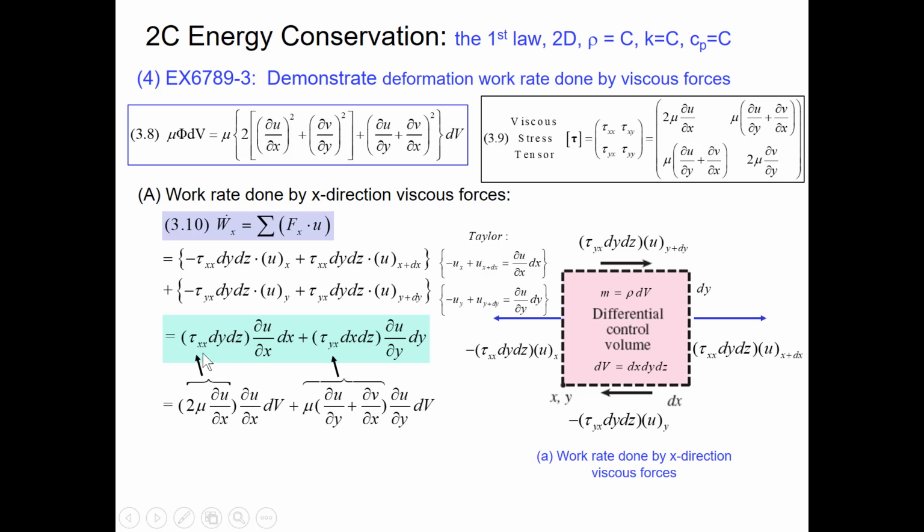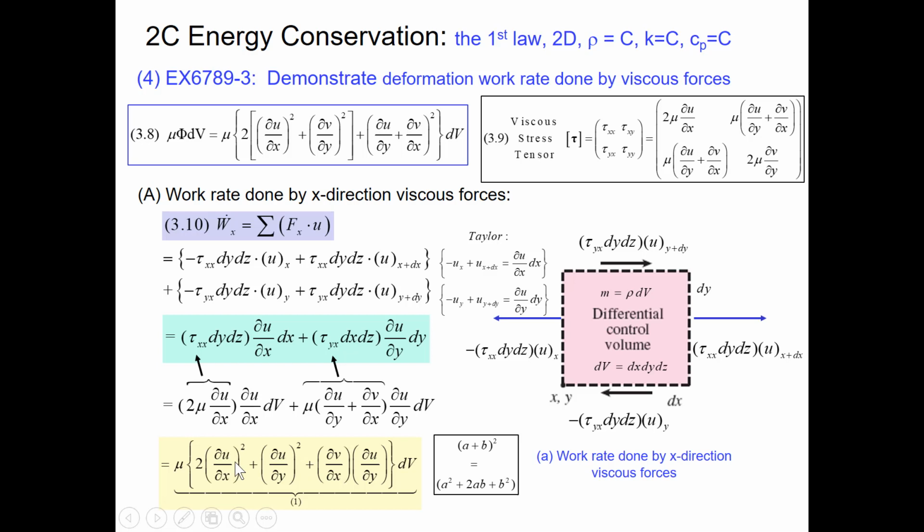Next, we simply replace Txx with its definition, Tyx with its definition. Finally, we do the mathematical multiplication to get term 1, which is half of the equation 3.8.